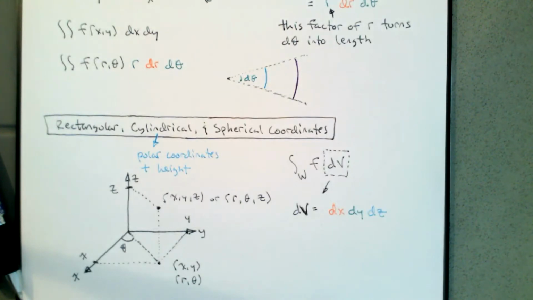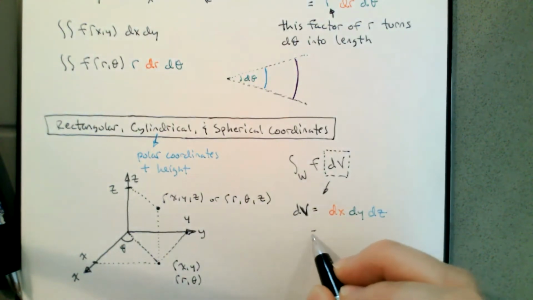dx dy is just the area in the xy plane. dz is just some small change in the height. And then we assume that the value of the function is constant through that little cube. In polar coordinates, we have the same problem. d theta is still not a length, it's a change in angle.